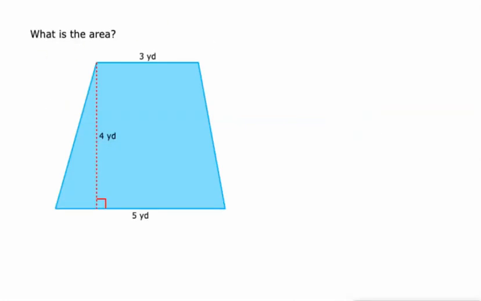And what about a trapezoid? Well, the area of a trapezoid, which has one pair of parallel lines, is 1/2 the sum of the bases times the height. So the bases are the two parallel lines, the 3 and the 5.